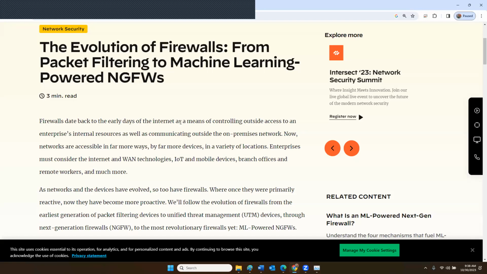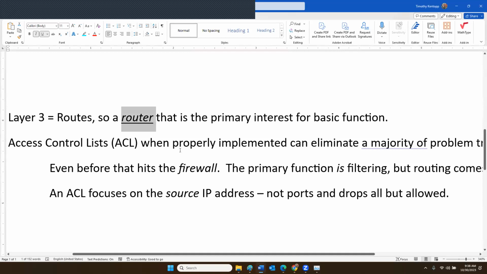Cisco has created very robust, very bulletproof, very high performance routers that use ACLs. And so you can basically dump a lot of the traffic that could afflict your network simply by identifying, okay, where's the source? Where's this packet coming from?